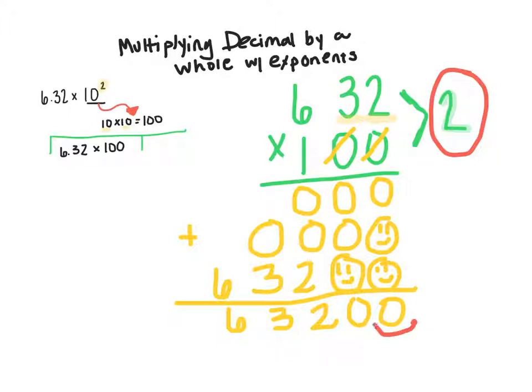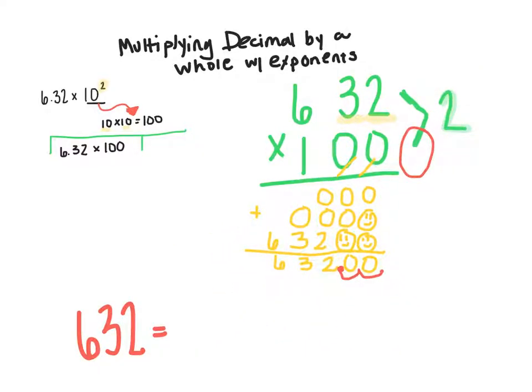So 1, 2 jumps, making this number and the final answer 632, which can also be seen as this. These are both equivalent to each other. Final answer is 632.